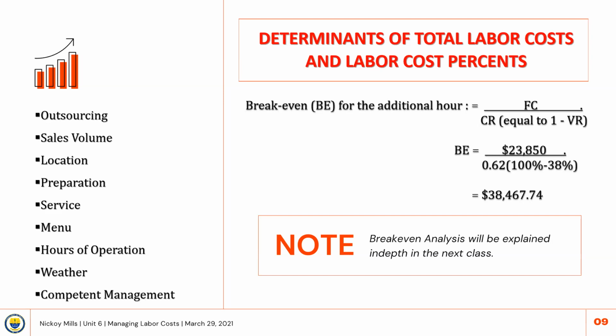Menu is also another determinant of labor costs. So from the point of view of a manager interested in controlling labor costs, it is less costly to prepare 300 portions of an item than it is to prepare 30 portions each of 10 different items. This is especially true if those 10 items require several types of preparation, such as braising, broiling, baking, roasting, and boiling.